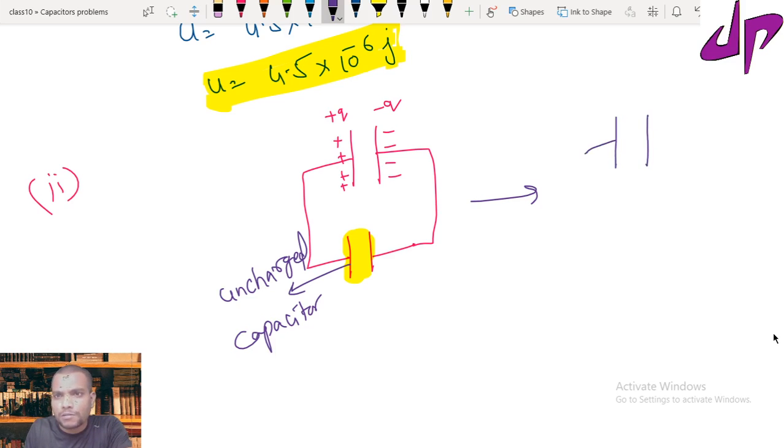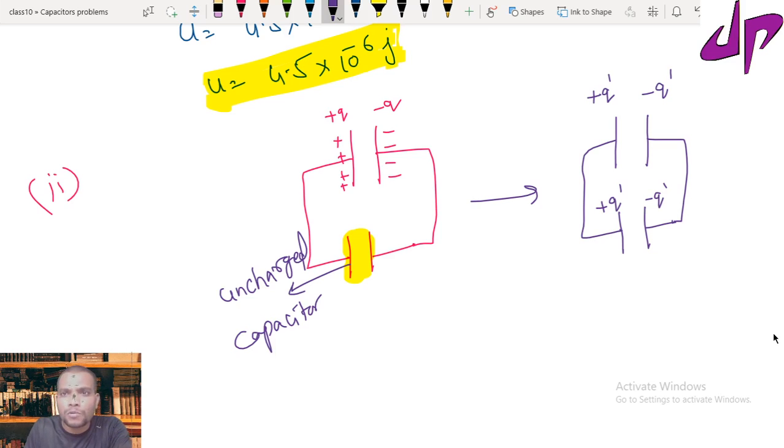Now the charge will flow from one capacitor to another capacitor. So after flowing, let me take this as a new charge plus Q dash and minus Q dash, and the same charge also will be present in the second capacitor.